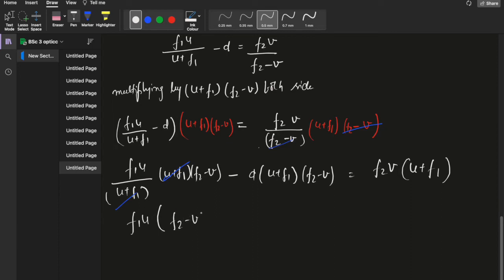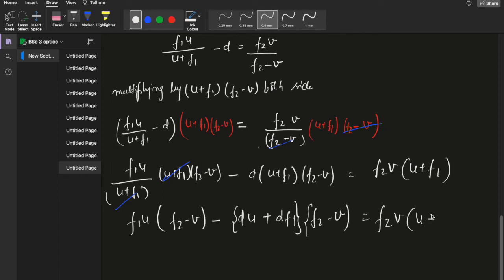This is F2 minus V minus D, just multiply by D inside. So the equation becomes DU minus DF1. Okay, just take the negative sign common here, and this becomes F2 minus V. This becomes F2V, U plus F1.